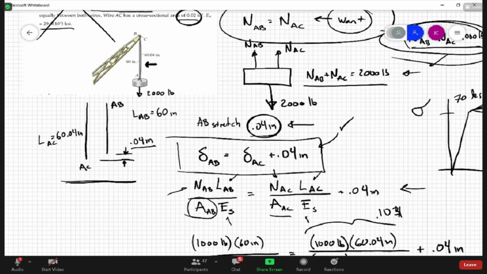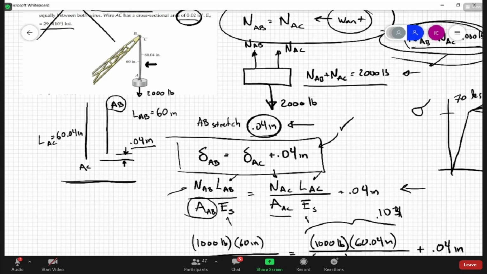Yes, sir. All right. So when we first apply the load, even 1 pound of force, imagine we gradually apply the 2,000 pound force. What's going to happen first? It's a wire, so you can't put a wire into compression, right? It only sees tensile load. So the first thing that's going to happen is wire AB sees all the force, correct? Yes, sir.